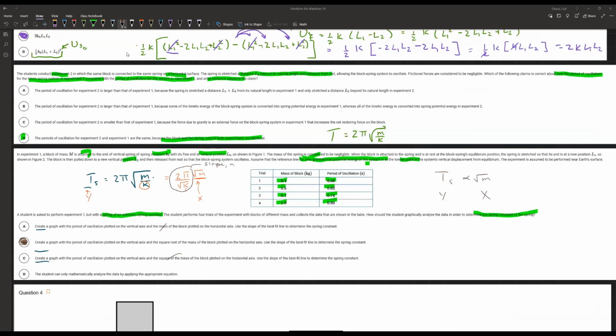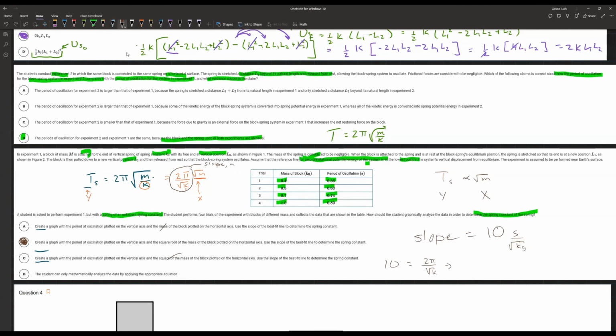for instance, let's say we found out that the slope in this case, for whatever reason, was equal to 10 units of whatever. It would be seconds per square root of kilograms. Well, we can go ahead and set that 10 equal to 2 pi over square root of k.